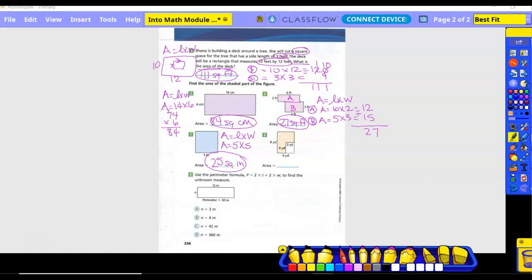Number 8. Now this time they want us to do a little bit different. They want us to find that whole rectangle and then subtract that little dotted area, right? Okay. So what is still our original formula that we start with? Area equals.